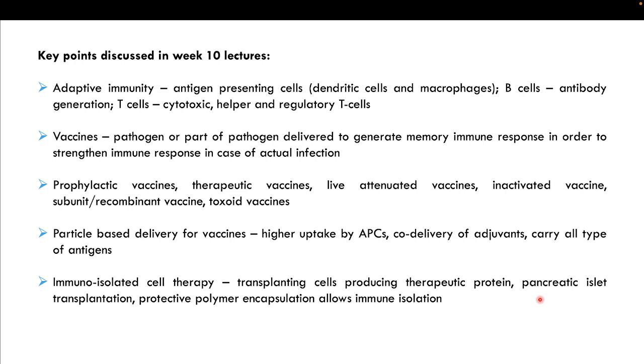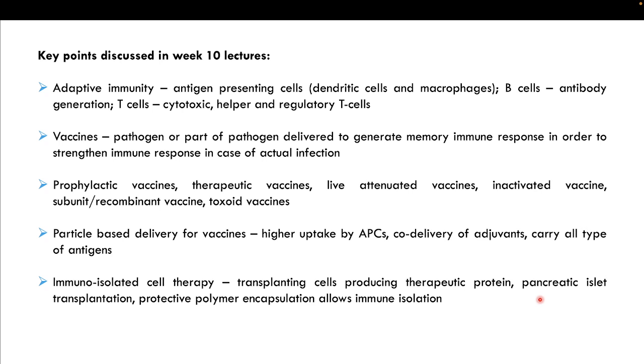It will create a barrier for your immune system. It will not let your macrophages or dendritic cells or your neutrophils or the antibodies come near these beta cells. So by encapsulating these beta cells in a membrane, you have isolated this implant from the patient's immune system.